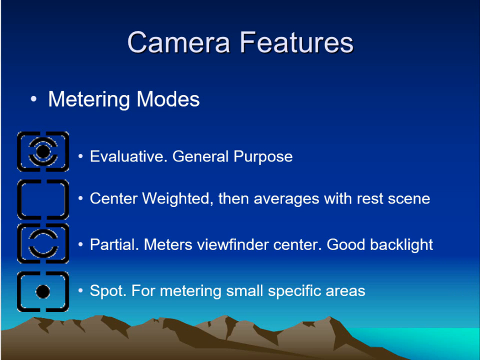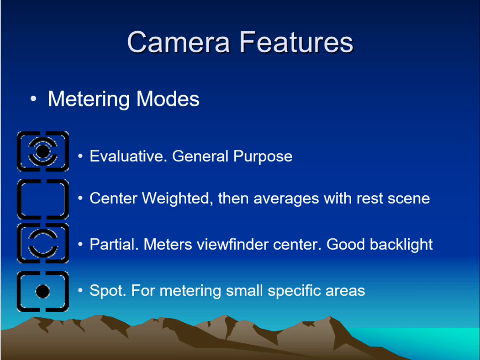And the first one is evaluative, which is really kind of a general purpose type of metering. It meters pretty much the whole scene, but in different amounts. And your manual is probably the best place to kind of get an idea of just where it meters and how it works. Then the next one is center weighted, which kind of averages with the rest of the scene.